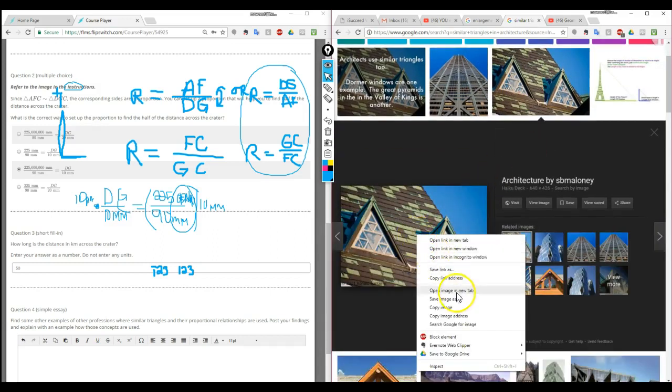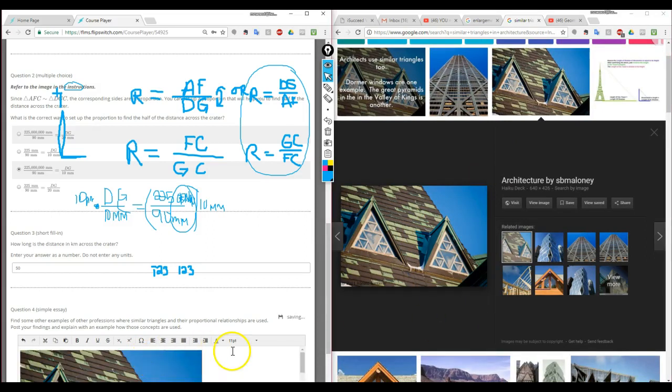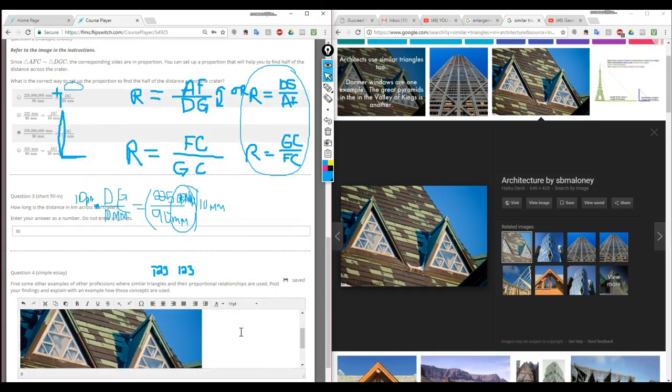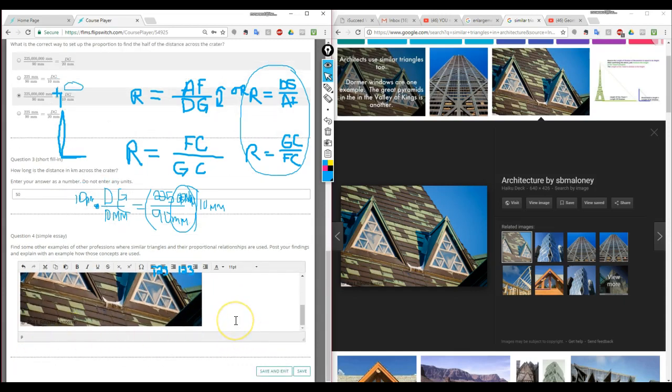And so I'm going to copy this. So copy image address, paste it, and then I'm going to say the windows would be proportional because we create parallel lines right here, right here, right here. And we can use our alternate interior, alternate exterior angles to prove similarity. And so that's what I would type in.